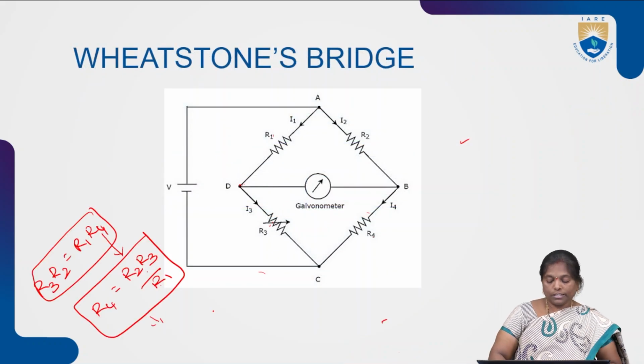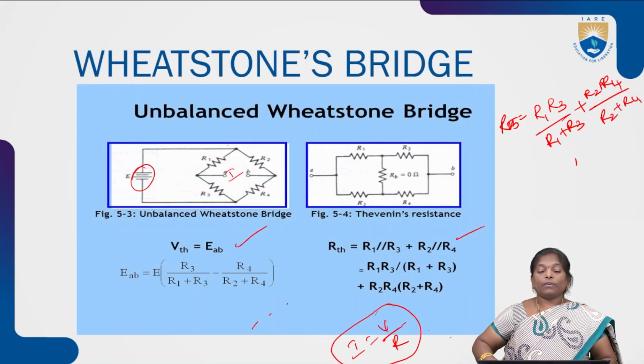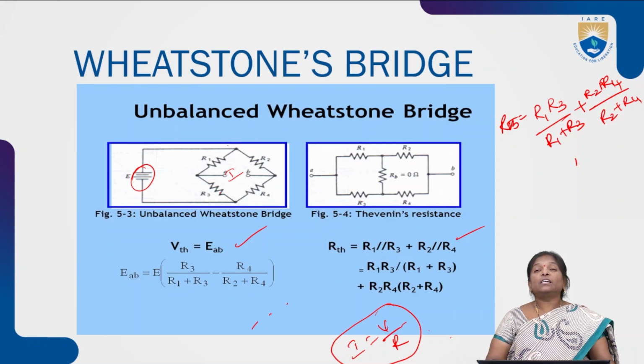So we have discussed bridges. What is the need of a bridge? What are the different types of bridges we have? Bridges are mainly used to measure unknown parameters like resistance, inductance and capacitance. Resistance can be measured with the help of either AC or DC bridges, but to measure inductance and capacitance, we go for AC bridges.